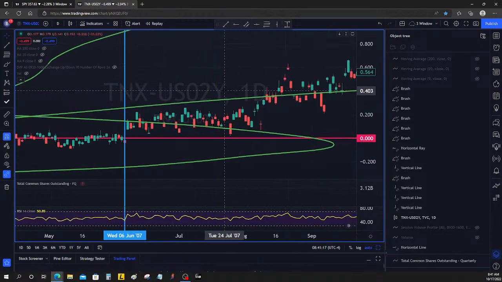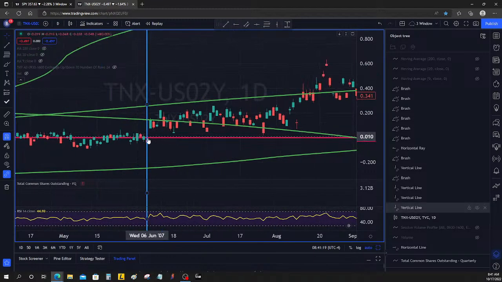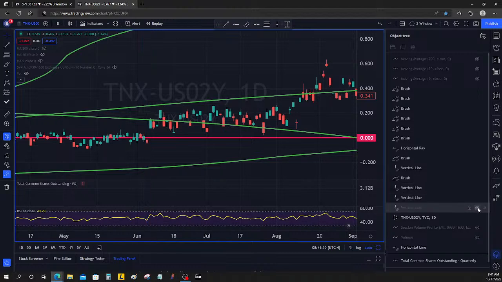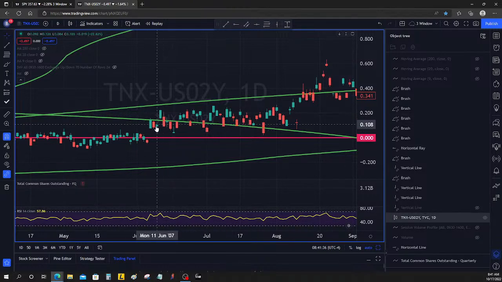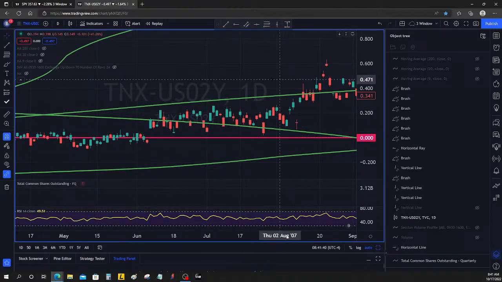There's a lot of squiggly lines and stuff. But you can see this is the last day. This blue line right here covers the last day that the yield curve was negative for a sustained period of time. So it went positive on this day after the 6th of June and stayed positive and started to normalize from that point forward.